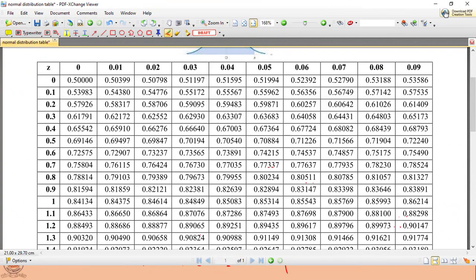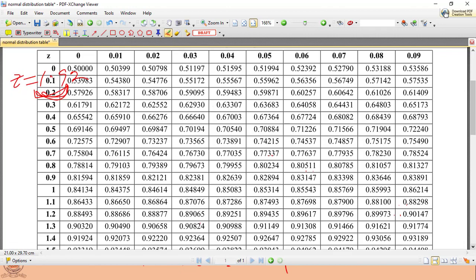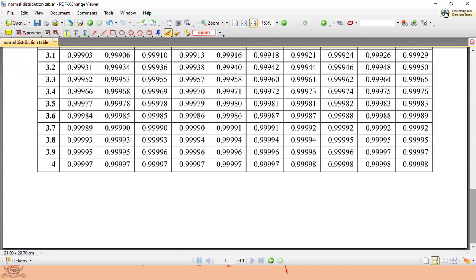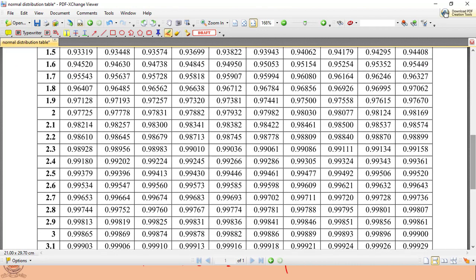Okay, we are here. So we are looking for z equal to 1.92. So the first two is 1.9, and then 1.9 is below. So let's go down. Okay, so 1.9 is here.